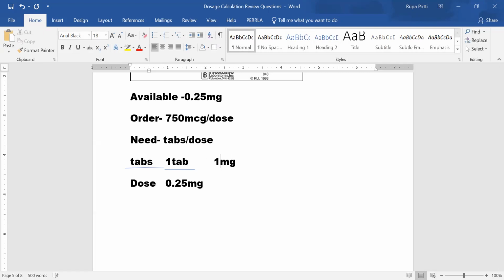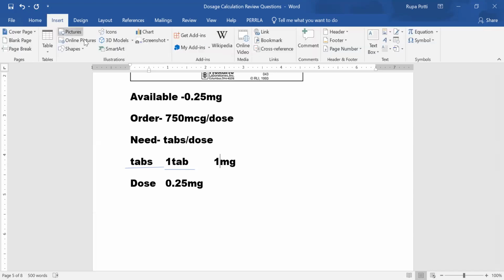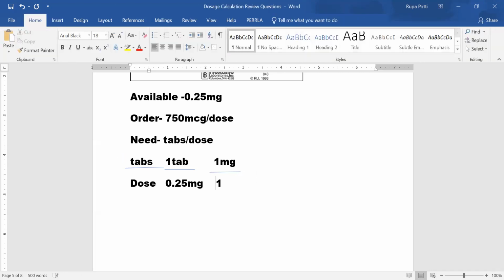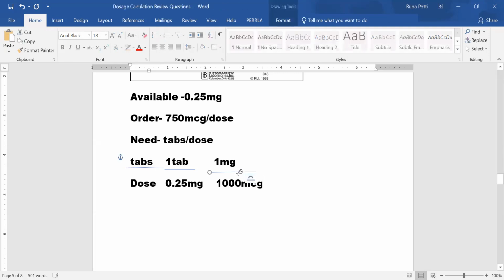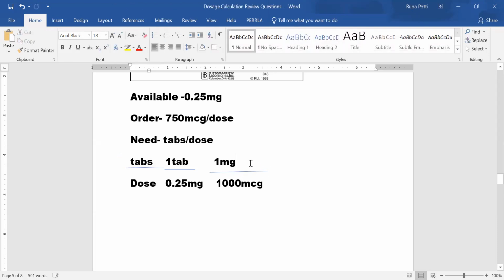So now I'm going to use the conversion. I'm going to say 1 milligram is equal to 1000 micrograms. And because I have micrograms in the denominator, I want to have micrograms in the numerator.